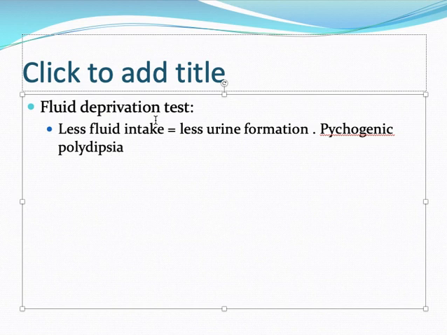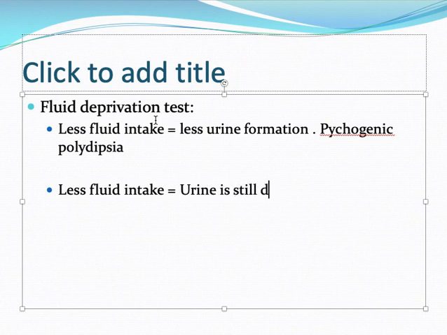polydipsia. But if you are giving someone less fluid intake and their urine is still diluted, it will make up the diagnosis of what? Diabetes insipidus. Okay, so this thing is important.